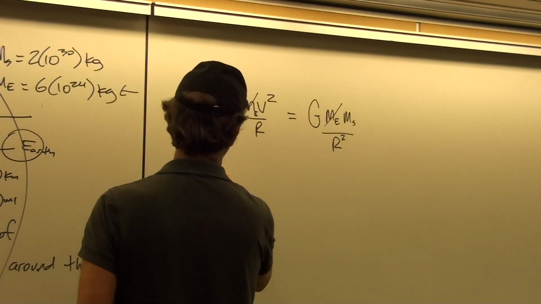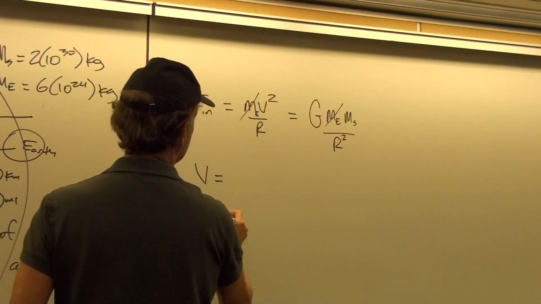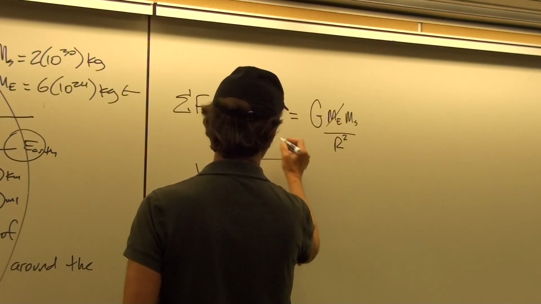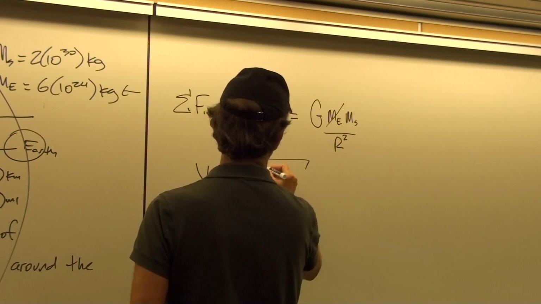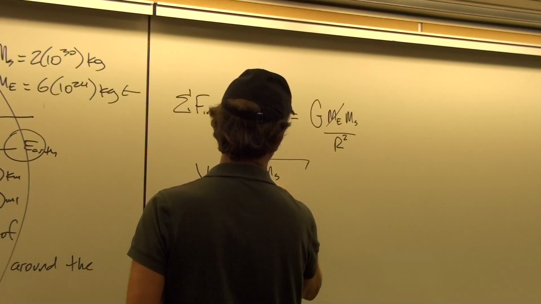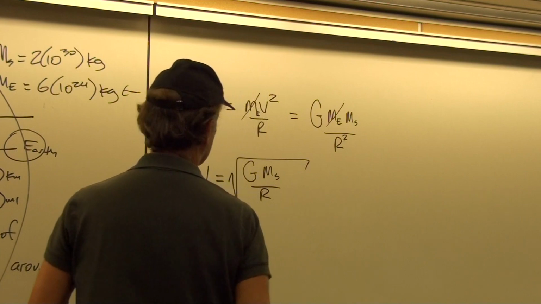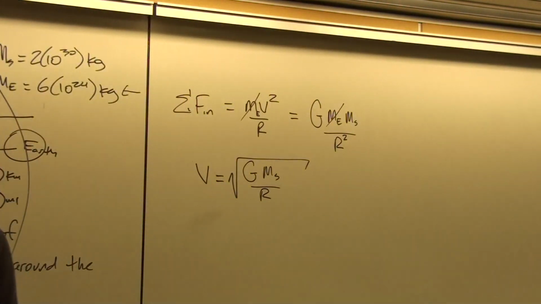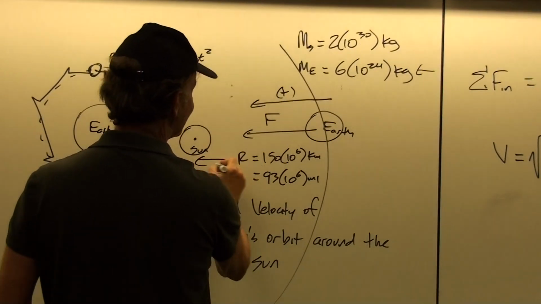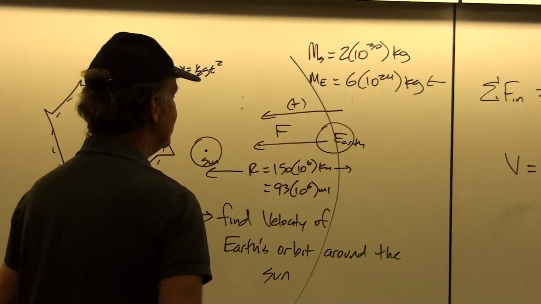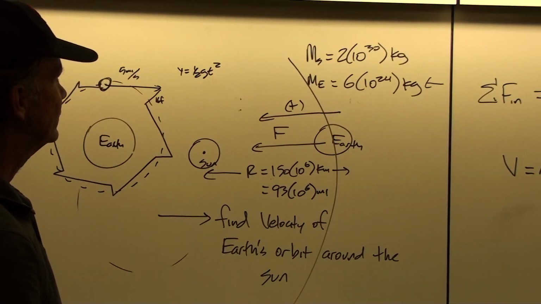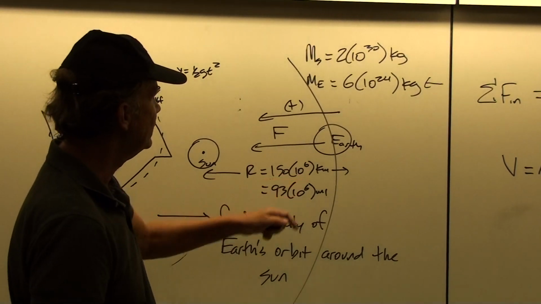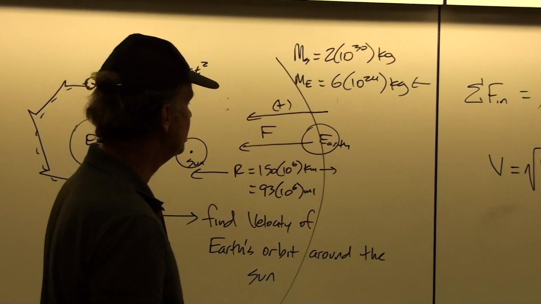Okay, so if we solve this for v, that's going to give us the square root. One of these factors of r cancels. That'll be the square root of G times the mass of the Sun divided by the distance from the Earth to the Sun. Here we're not talking about the radius of the Earth anymore. We're talking about the distance from the Earth to the Sun, which is 150 times 10 to the 6 kilometers.